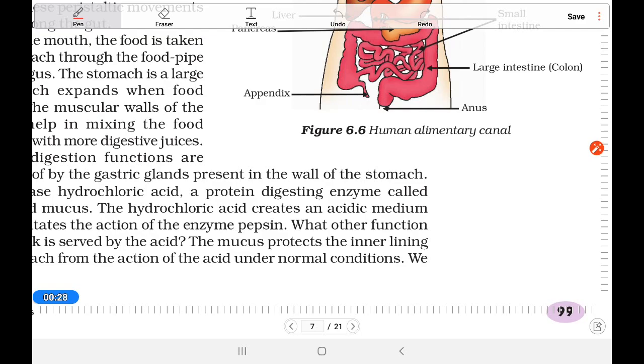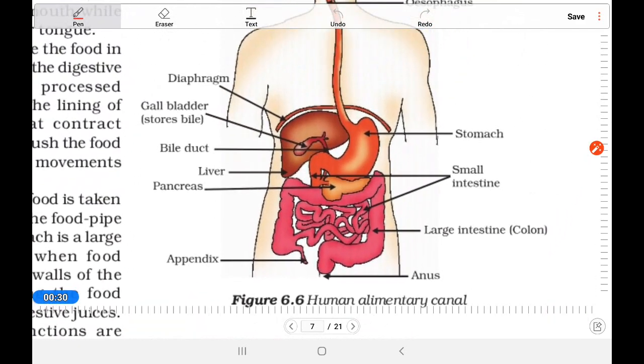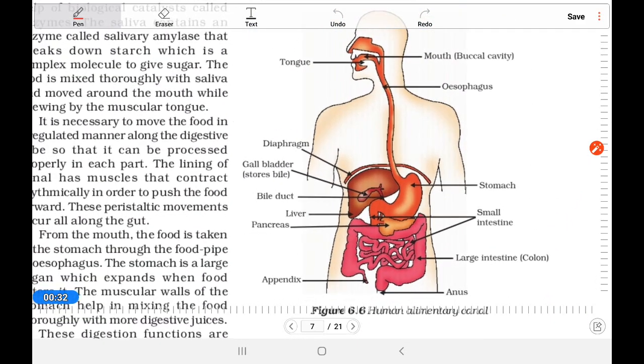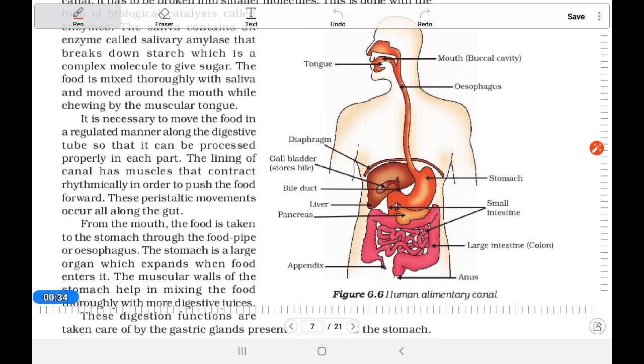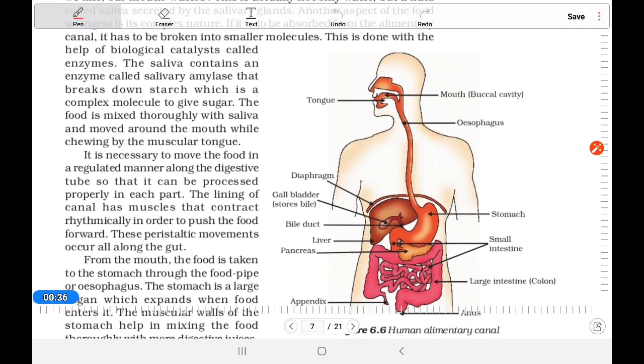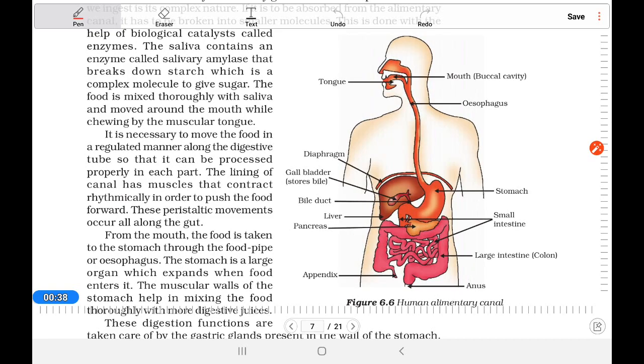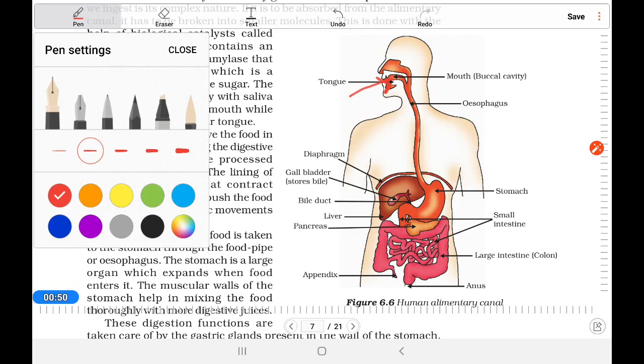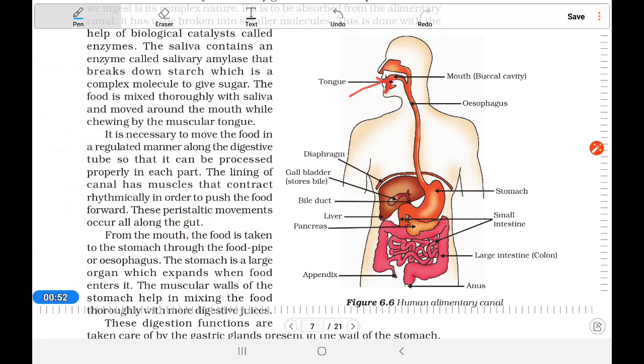First we can see in our book the alimentary canal of humans, the anatomy part of it. Look here, this is our alimentary canal. Here is the mouth, then the esophagus.